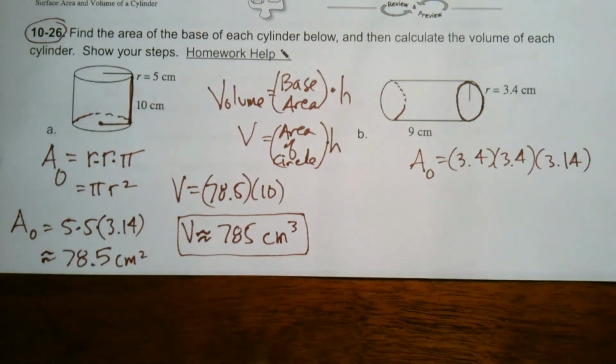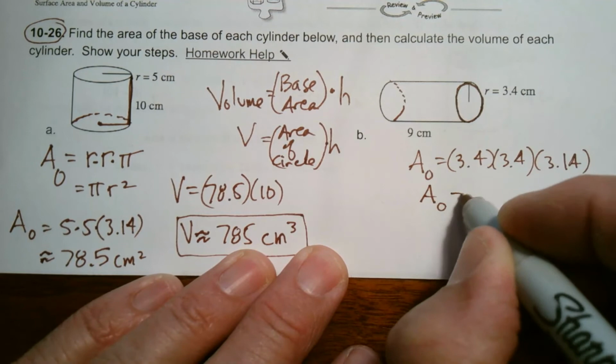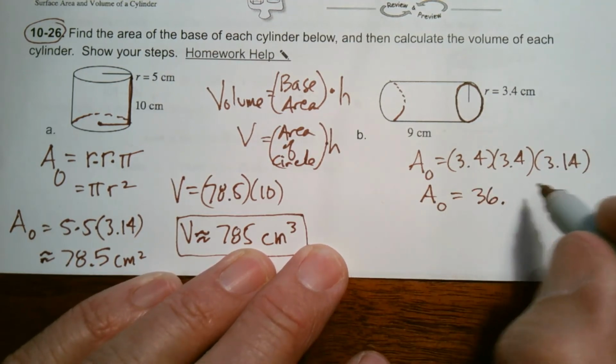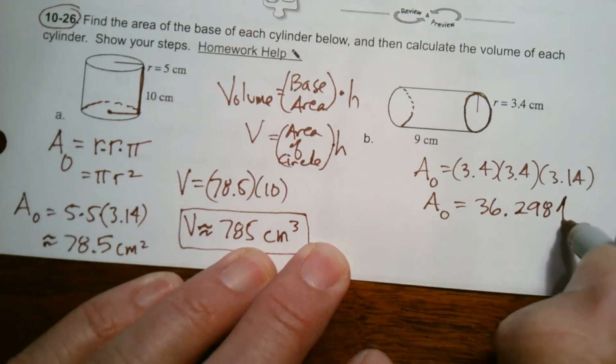I'm going to grab a calculator and do the math real quick. So 3.4 times 3.4 times 3.14 gives the base area, 36.2984. I'll write it all out and use that number.